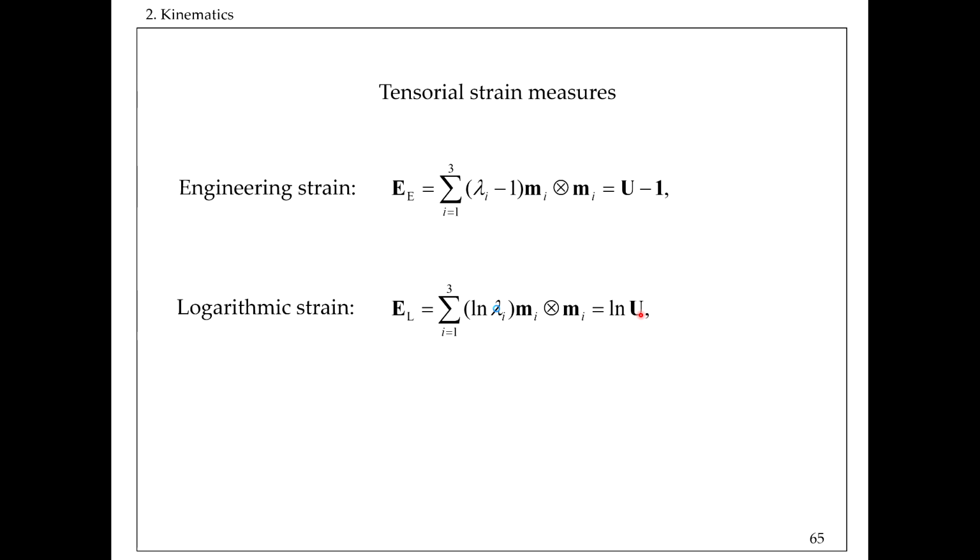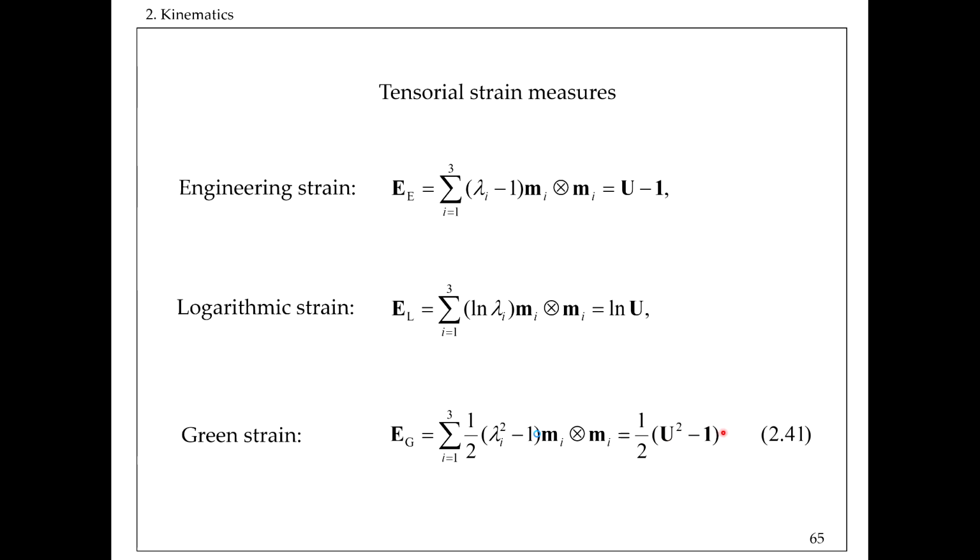And then the Green tensor is a quadratic measure, right? So again, expanding it from the one-dimensional way how we wrote it, that sits exactly here with this whole scalar, and then again in a similar manner as we have done just before. We can look more closely into what we have here in combination with lambda and this tensor, which is nothing but the quadratic term of the right stretch tensor U, right?